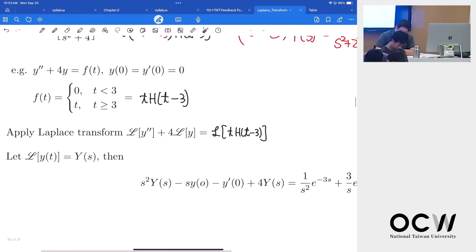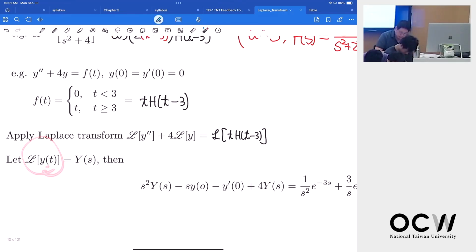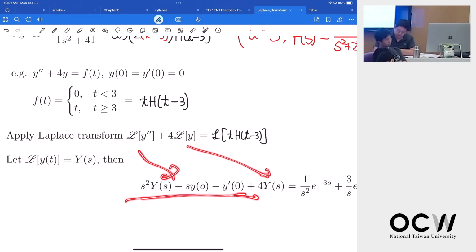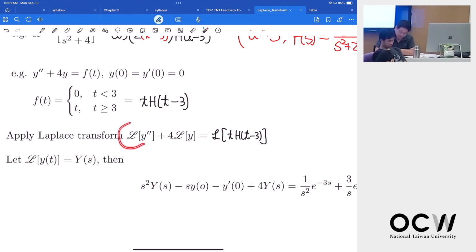If we assume that the Laplace transform of y is the capital Y of s, so this is the first term, and this is the first term, and here the second term. Remember that you at least need to know the Laplace transform of y double prime and also of y prime.